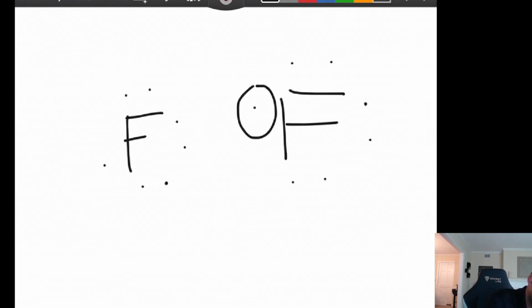So I'm at 4. I went in a clockwise motion. 5, 6, 7. Okay, so I have 1 lone electron right here. Now I'm going to do another one. 1, 2, 3, 4, 5, 6, 7. I have another lone electron right there.